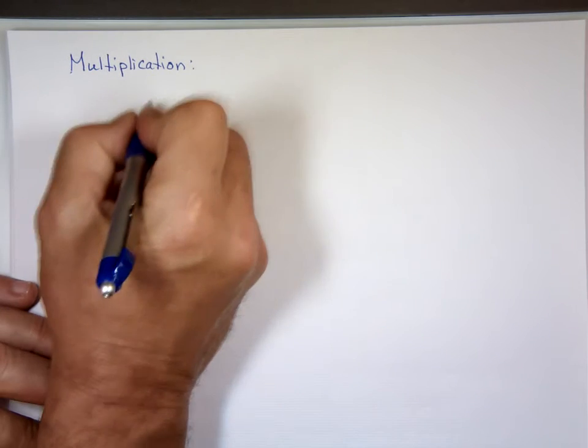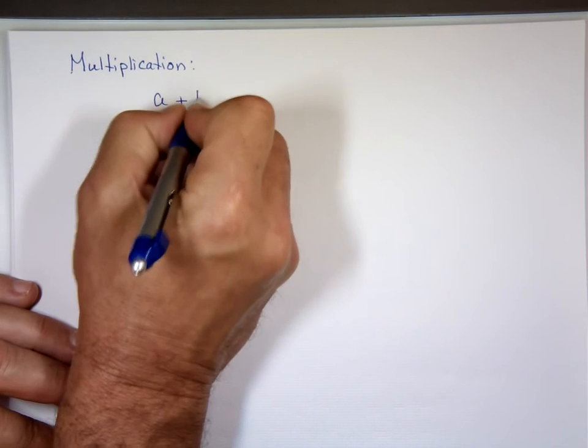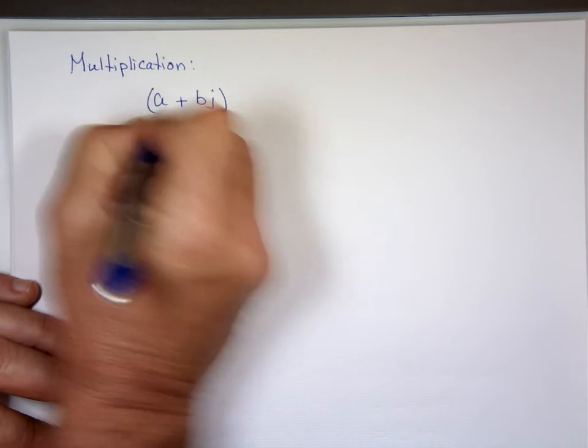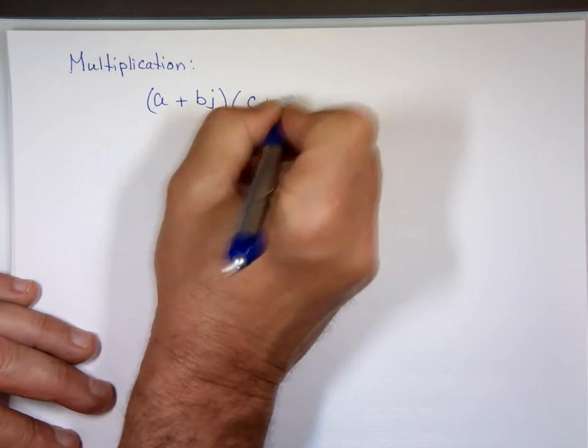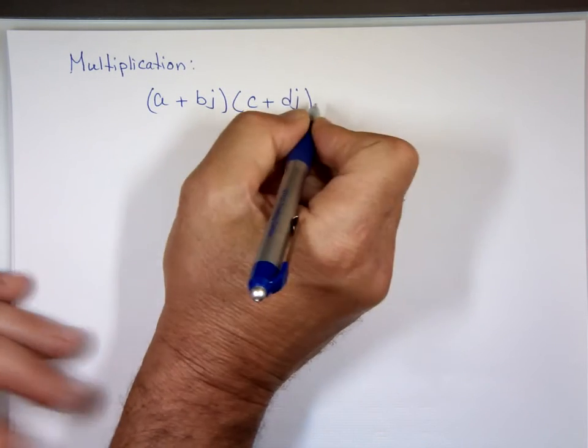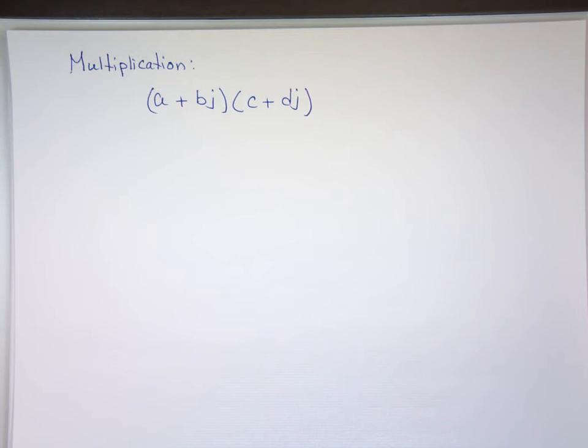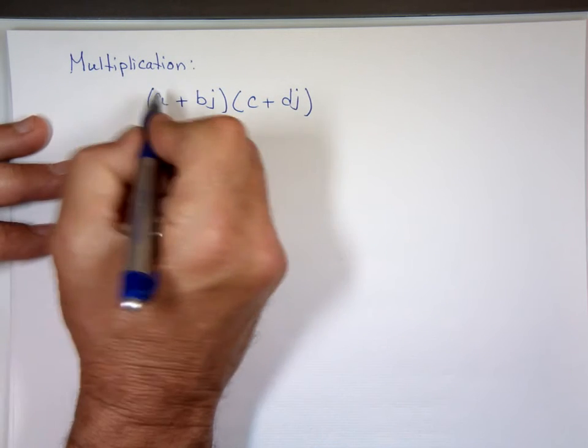If I have A plus BJ, you want to multiply that by C plus DJ. You multiply that just like if you have 3 plus 2x times 4 minus 5x. We use the FOIL method. What's A times C?